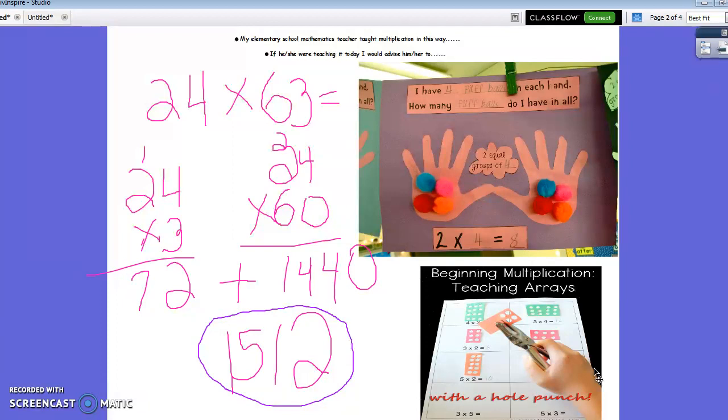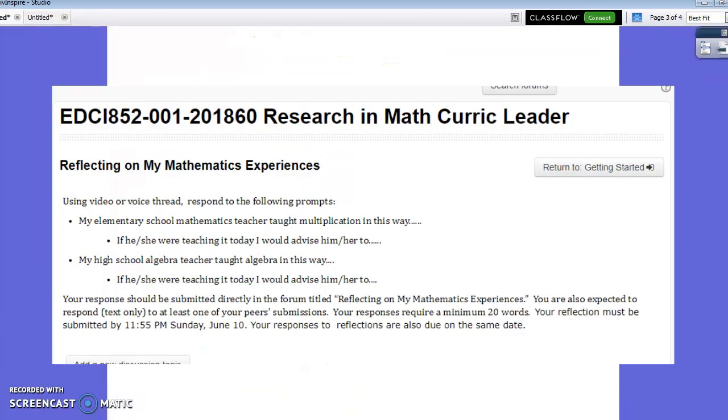I did not ever have any grouping when I was younger. I don't ever remember it throughout the course of my entire education until I hit college, to be honest with you. As far as algebra, it's kind of a copy of the elementary school years. There was a lot of procedure. There were no explanations.